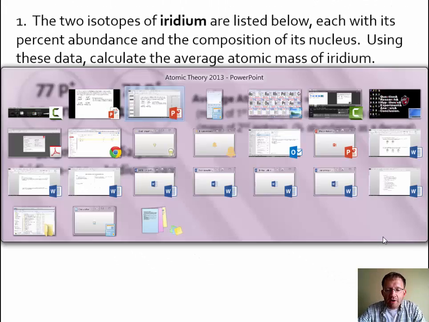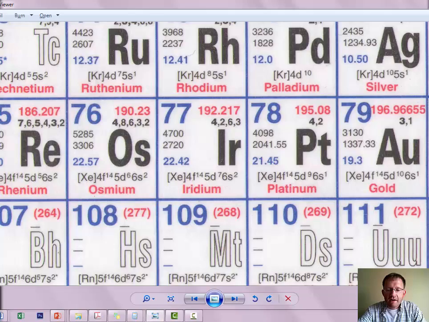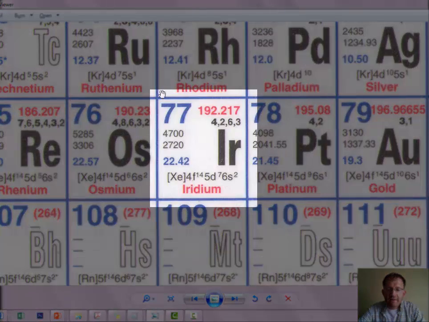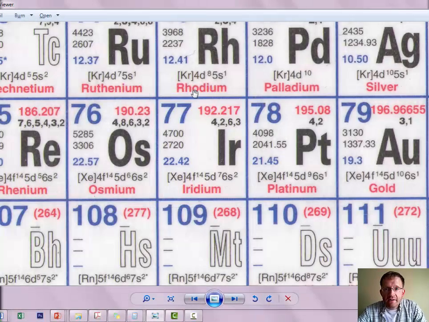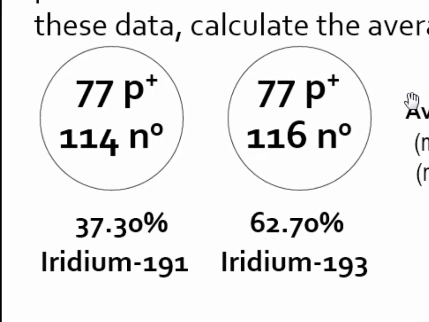Take a quick glance at your periodic table. Remind yourselves that right here in the middle there, 77 for iridium, that atomic number tells us that every iridium atom, no matter what the mass, will have 77 protons each. And so in this example, that's exactly the case. 114 neutrons, 116 neutrons in the 2 different isotopes.